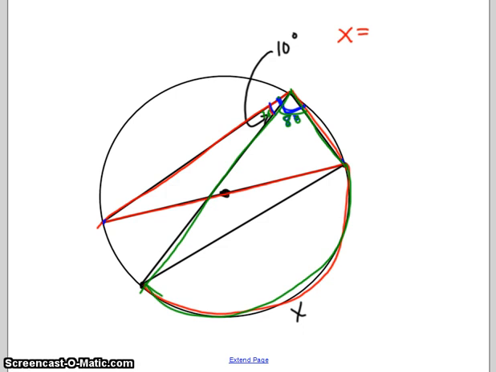If we're trying to find this arc, and we know that this angle is 80 degrees, then x is twice 80 degrees, so x equals 160 degrees.